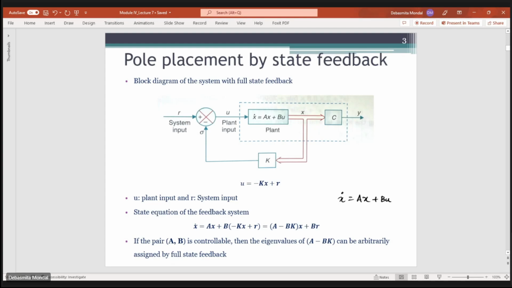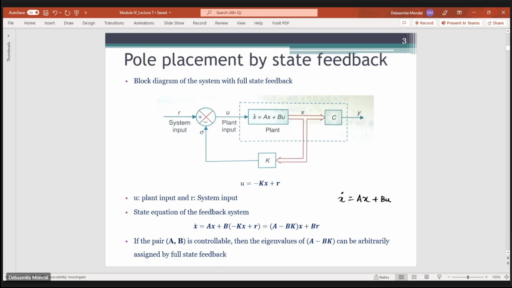Now, if you can verify that the pair, the A and B matrix, is controllable, then we can say that the eigenvalues of the matrix A minus BK can be selected suitably, and they can be placed arbitrarily using the full state feedback.